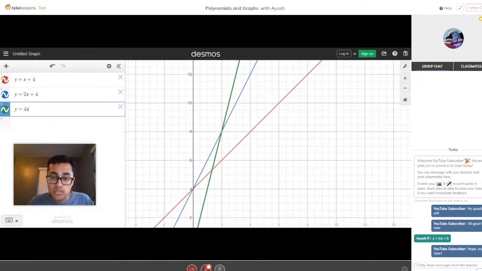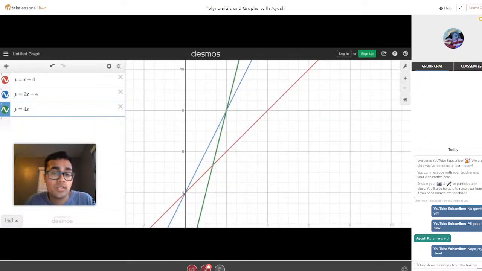Actually the answer is no. Why? Because this line intersects this line once, the green line intersects the blue line once, the green line intersects the red line once, but there's never a point at which all three of them intersect. And so there is no solution where all three of them have the same y value.